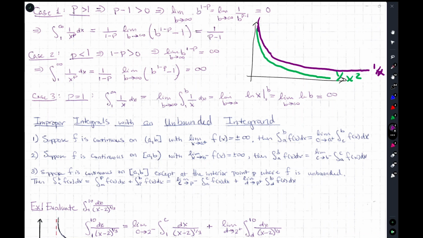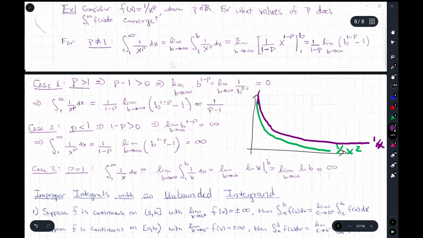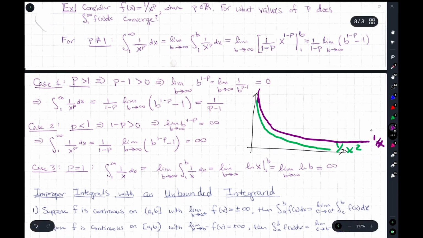So for 1 over x squared, that's p equals 2. So with p equals 2, you'll have 1 over 2 minus 1, or 1. And what that's telling you is that, even though this is an infinite interval, even if you keep adding more and more subintervals, you'll never quite get to 1.